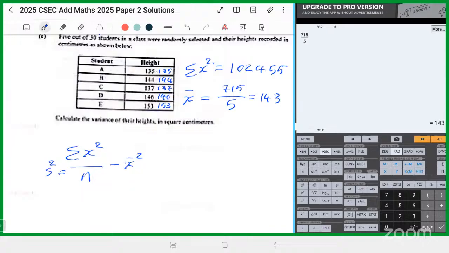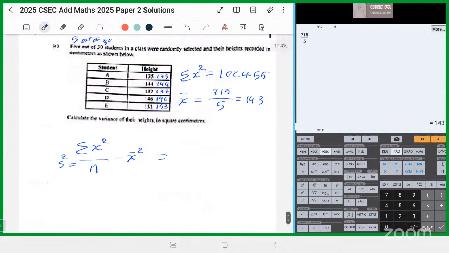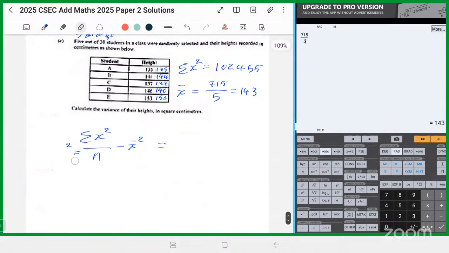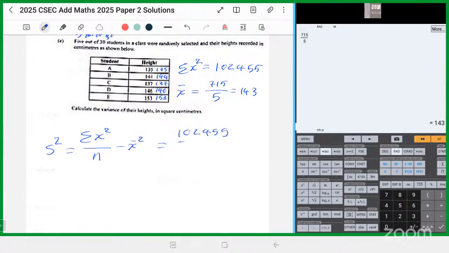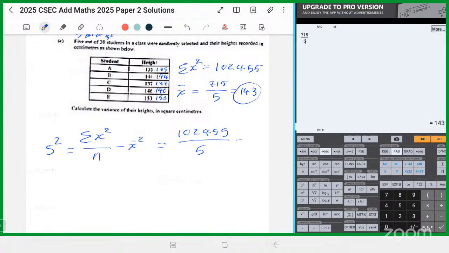So it's equal to the sum of x squared, which is 102,455, over 5, minus 143 squared.